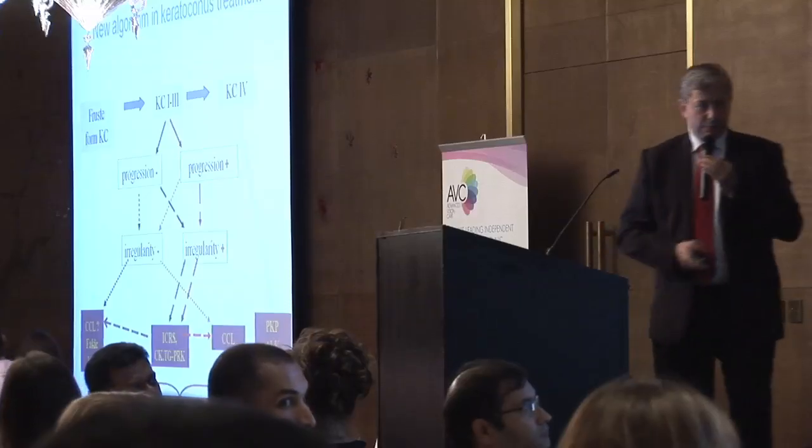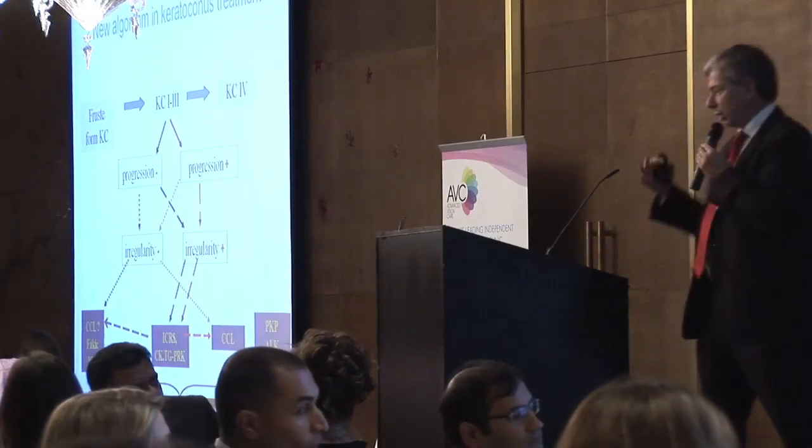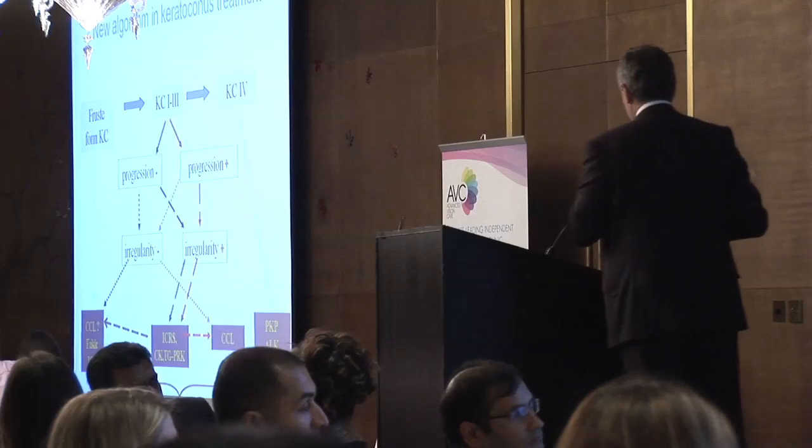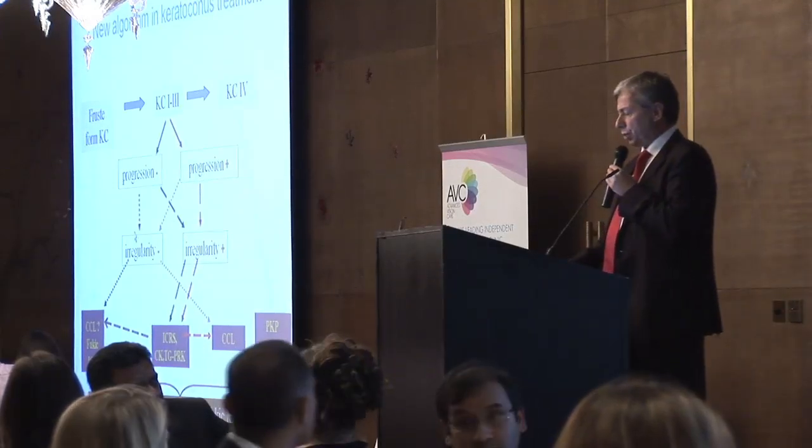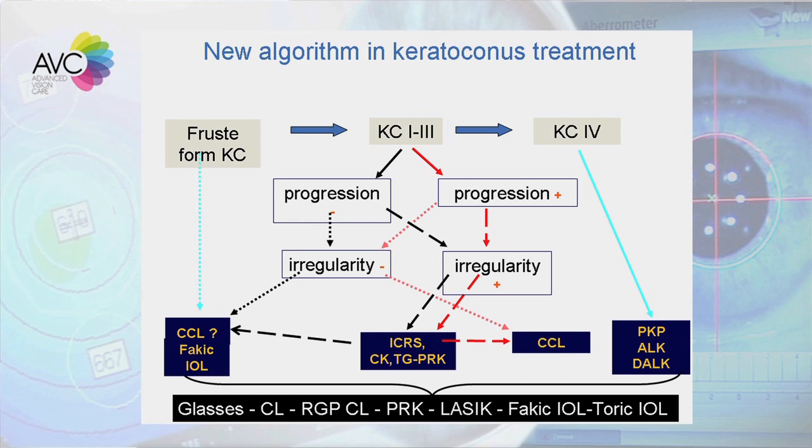So here I'm just showing you our new algorithm, how we are dealing with keratoconus. It depends if there is a progression or irregularity, so according to this we go for corneal cross-linking. If there is irregularity, we use cross-linking and intracorneal rings, CK and topography guided PRK.